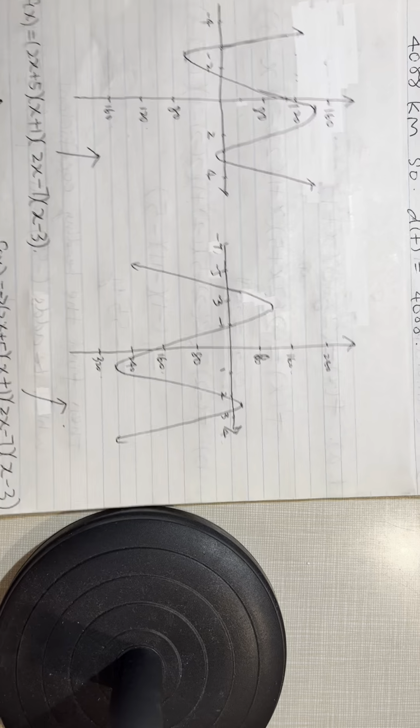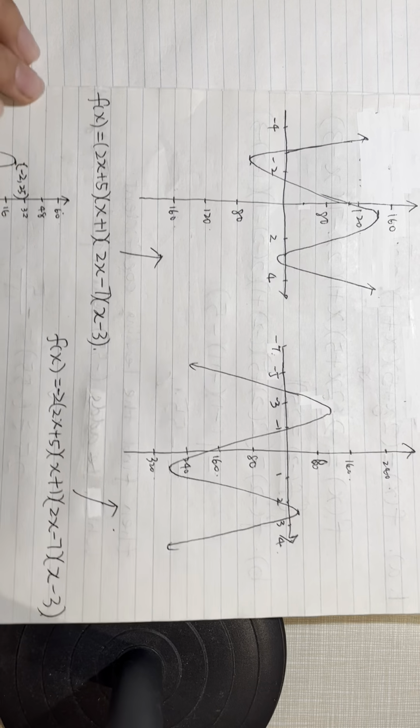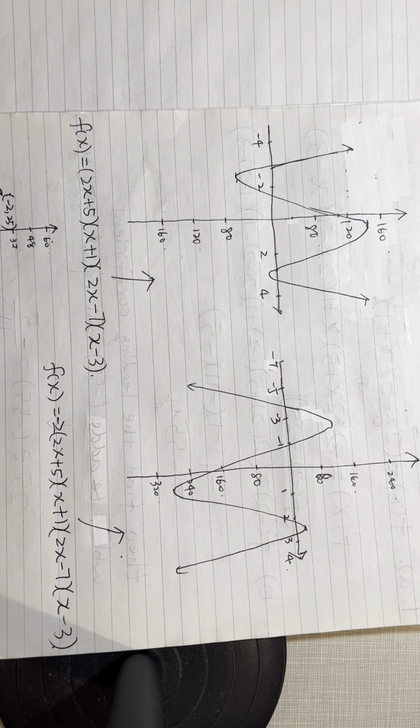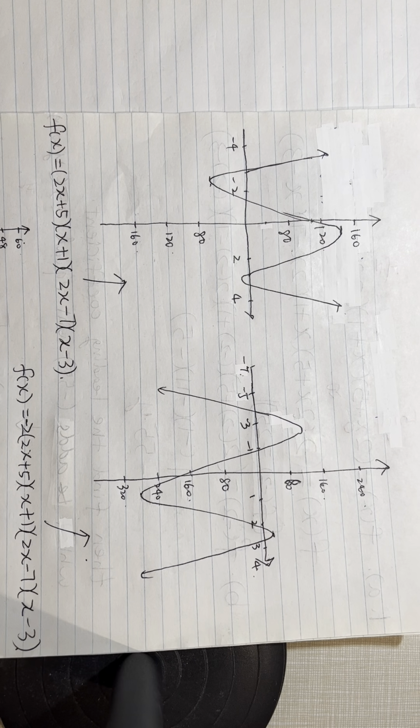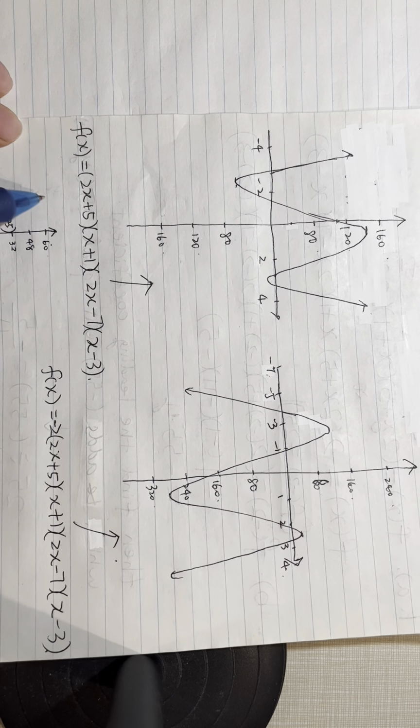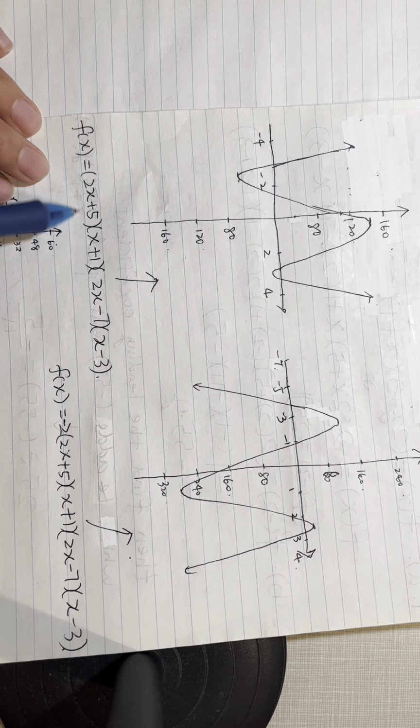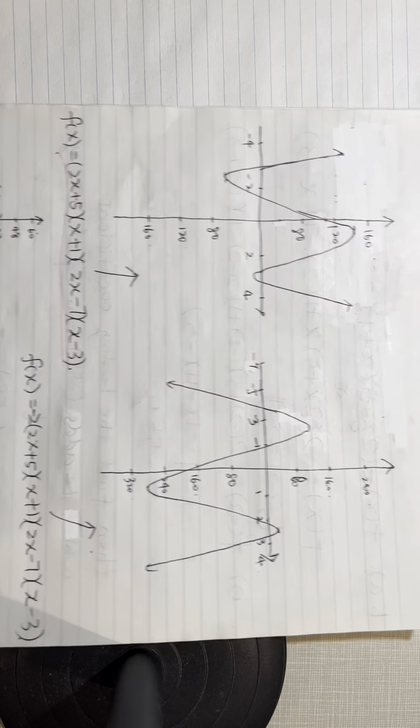Also the third part of this question: sketch a graph of the functions in parts A and B. We have three equations. The first equation is f(x) equals our original equation.